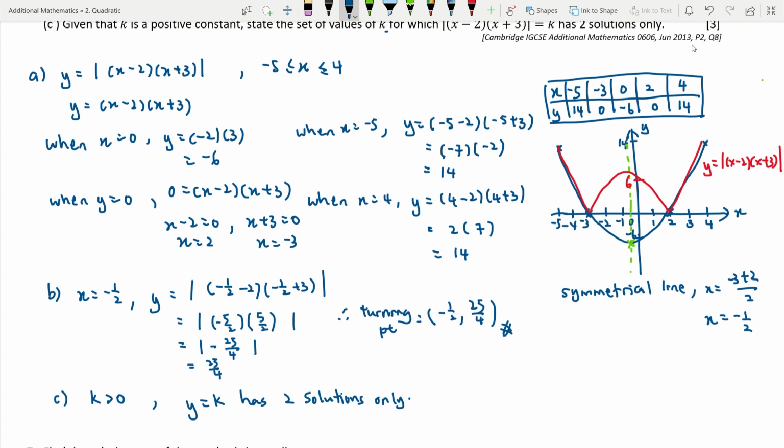To check the number of solutions for y, we can do horizontal tests. That is, we draw a horizontal line on the graph and see how many points it cuts through. Let's do it with an orange line.